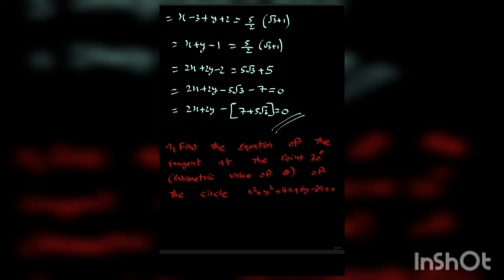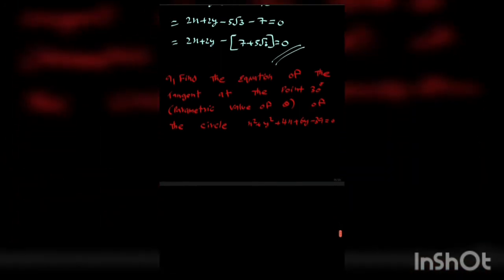So the given question is, find the equation of the tangent at the point 30 degrees of the circle x square plus y square plus 4x plus 6y minus 39 is equal to 0.